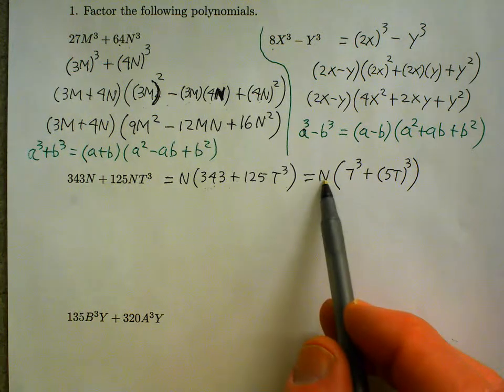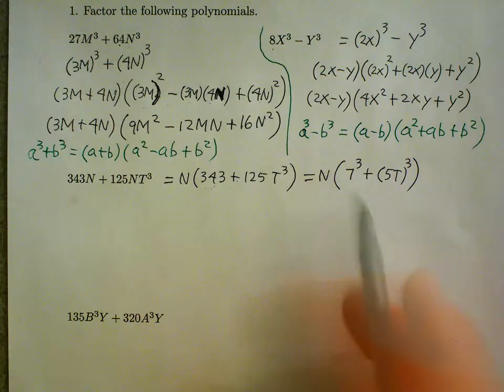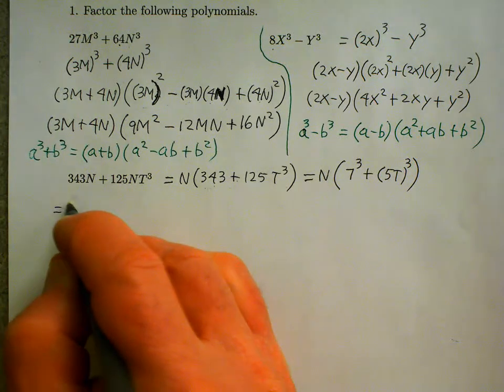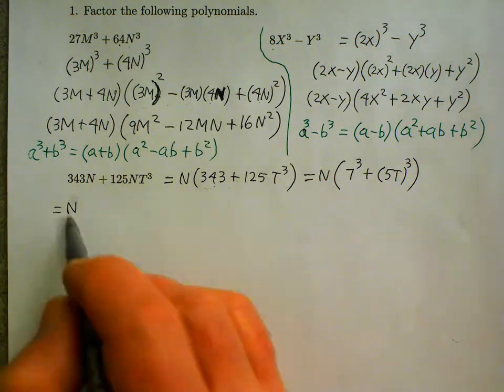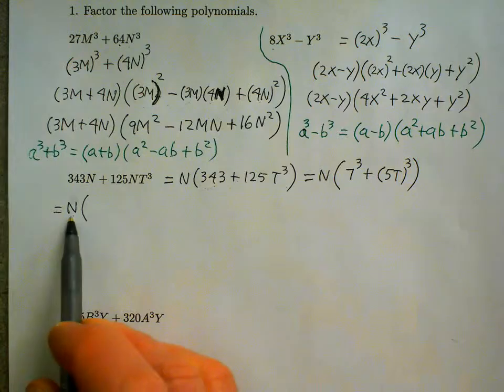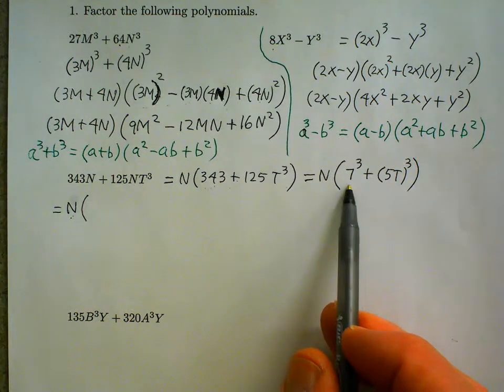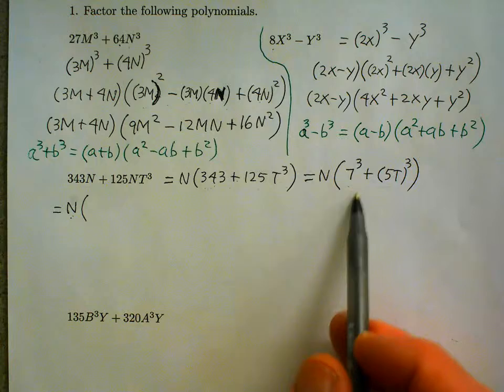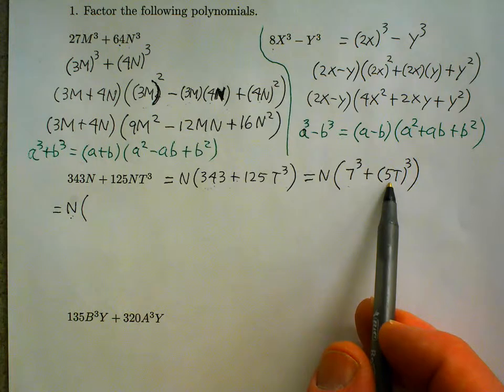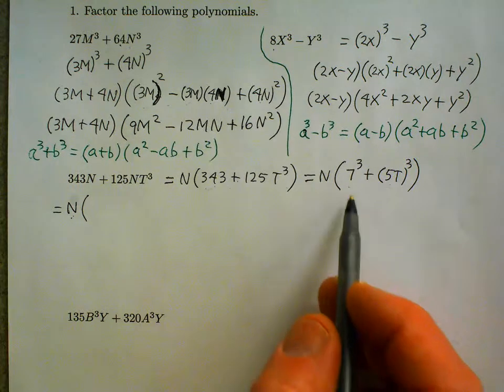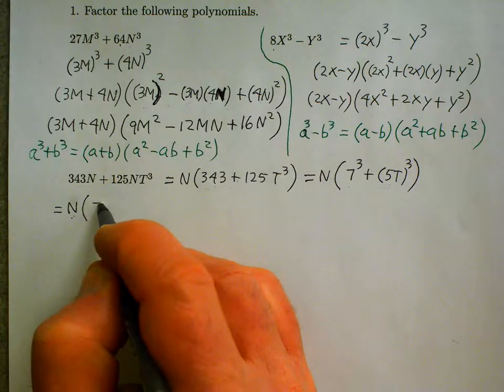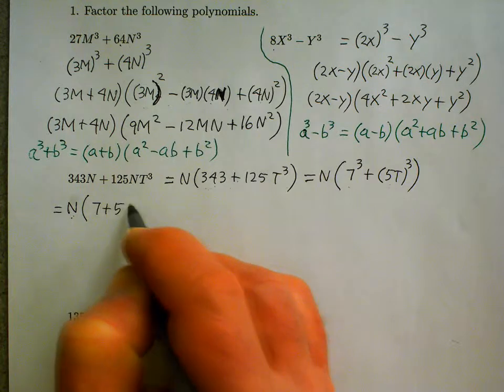Okay, so the complete factorization has a factor of n. So we'll put the factor of n out front and then apply the sum of cubes factoring formula to 7 to the third plus the term 5t to the third. The binomial is 7 plus 5t.